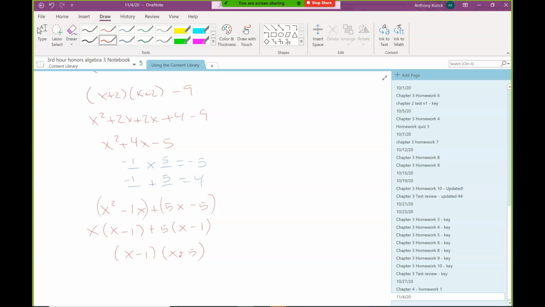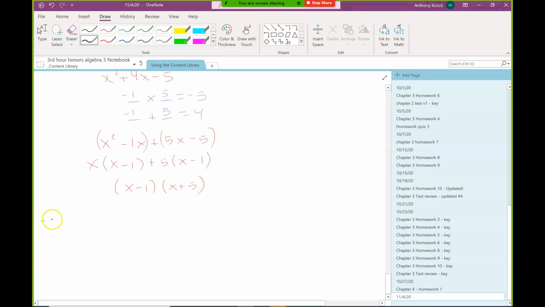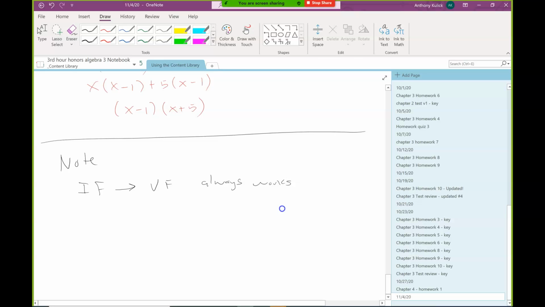Okay. One thing worth noting. Going from intercept form to vertex form, you'll never have an issue being able to do that. The reverse, though, sometimes we're going to have some problems. Why?